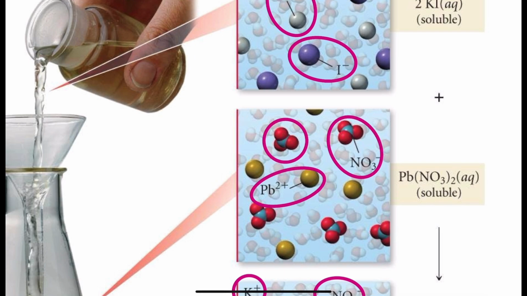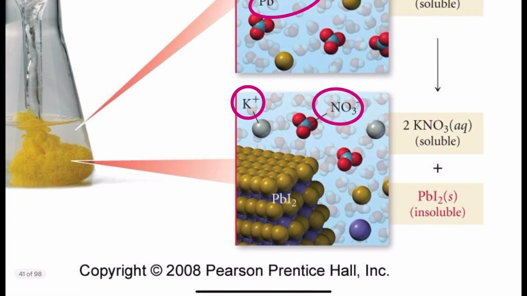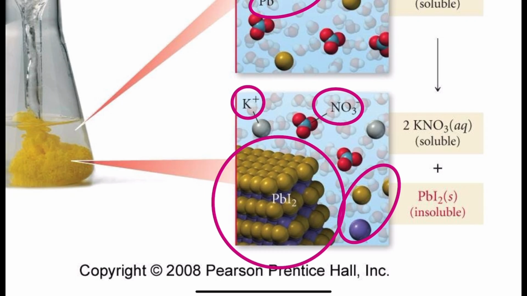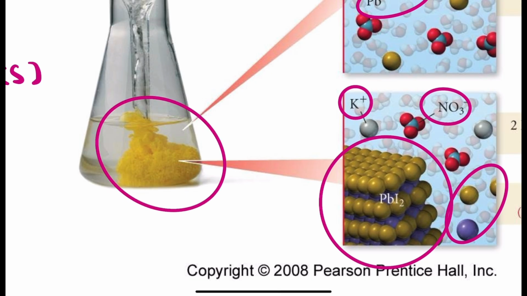The lead 2+ forming 2 nitrates for every 1 lead 2+ floating around in water. When you form that solid, though, the K+, the potassium ion, and the nitrate ions keep floating around. But the moment the lead can find 2 iodide ions, it's going to form this 3D crystal structure because it's an ionic compound. And to you guys, it looks like this yellow solid. But at the molecular view, we see what's really happening.